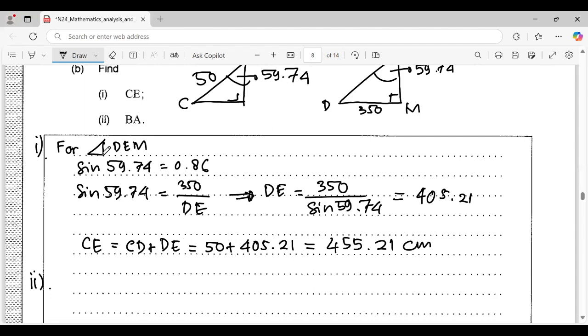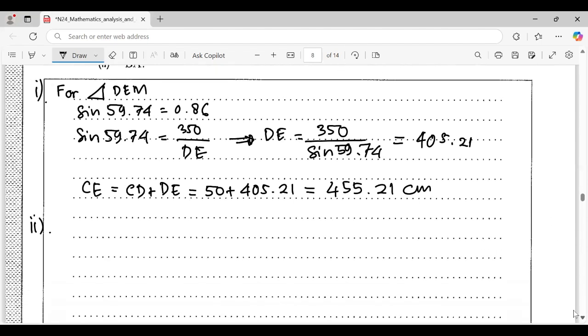We are going to find BA. Look at the triangle, I'm going to create an extra right angle triangle. This one. Okay, this triangle.